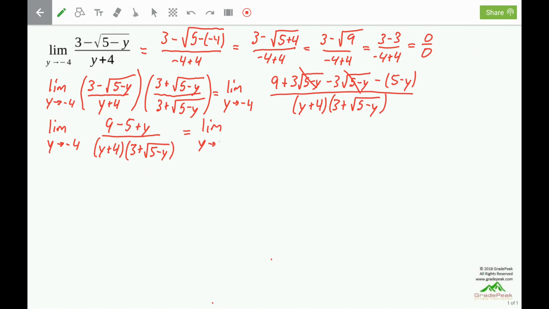In the numerator, we will be able to combine the 9 and the minus 5 into becoming a 4. And then the denominator once again will be left alone. So we'll write it just as is.